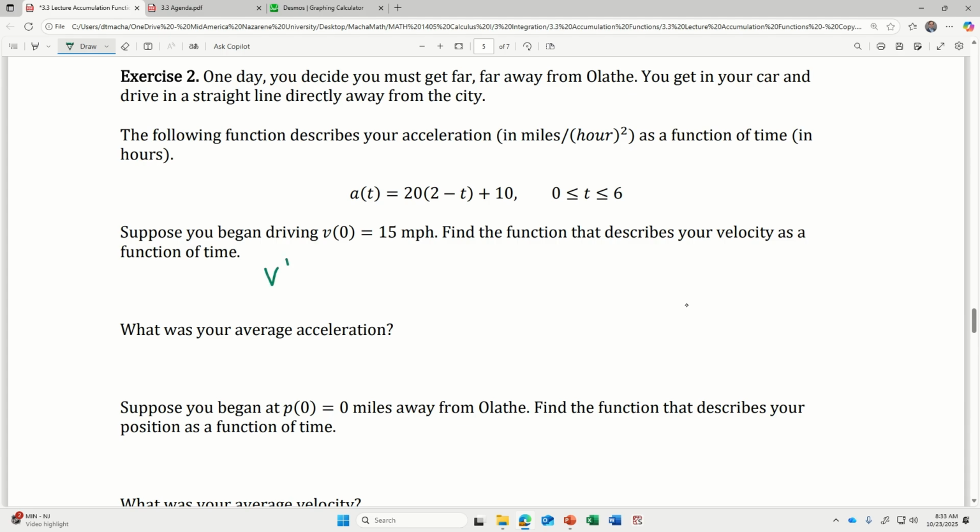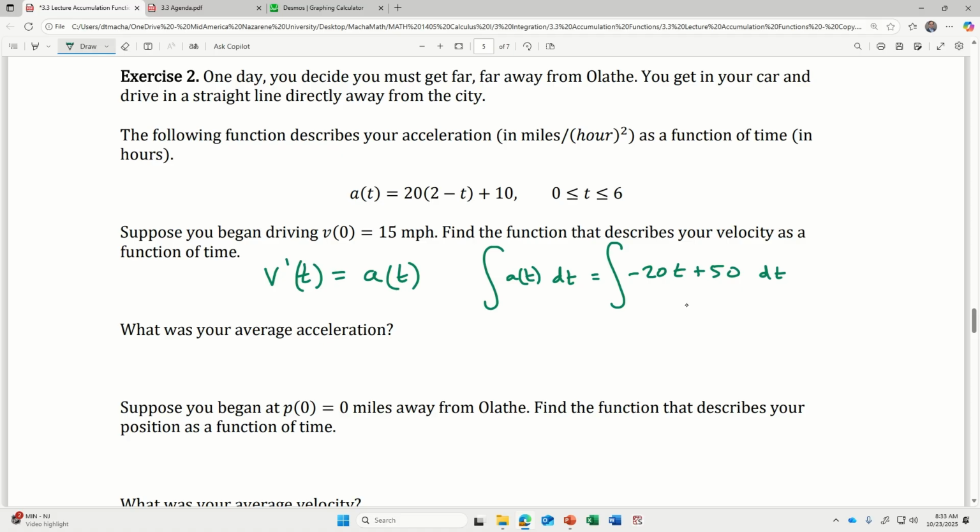Let's say I know that the derivative of velocity is acceleration. So let's start just by finding the antiderivative of acceleration. What's the antiderivative? And maybe first we'd like to distribute that 20. So 20 times 2 is 40, 40 plus 10 is 50. And then 20 times negative t would be negative 20t. That's probably the first step.